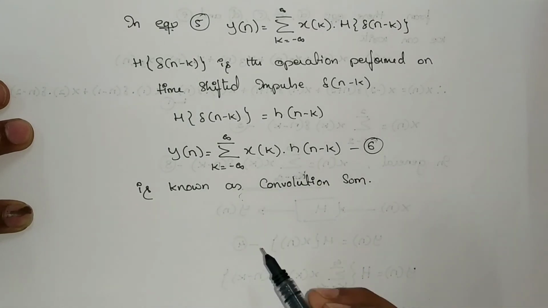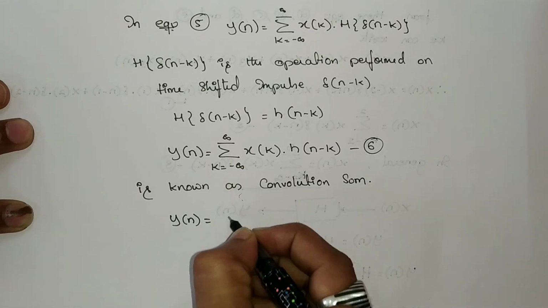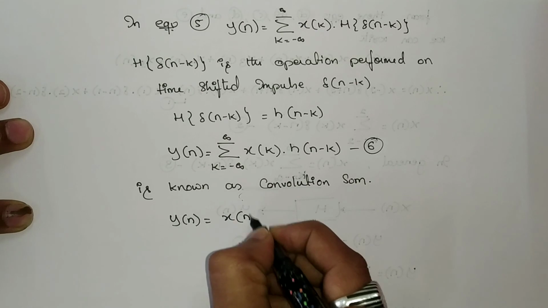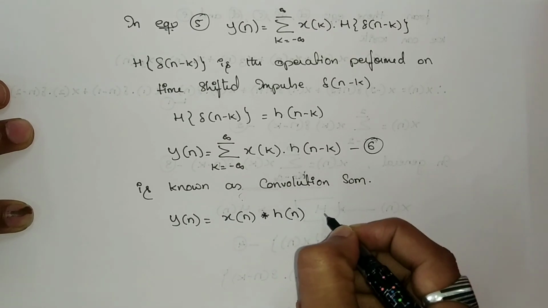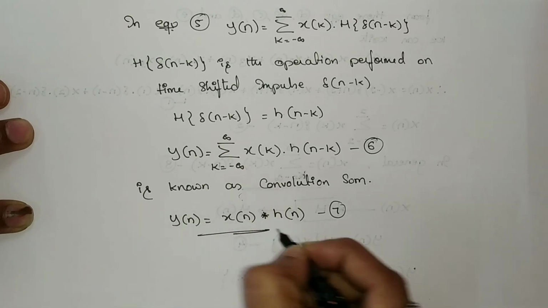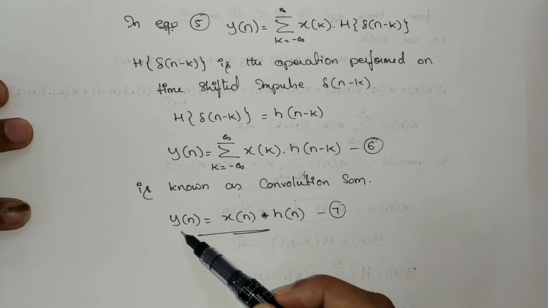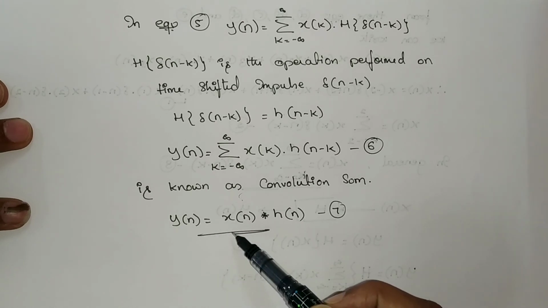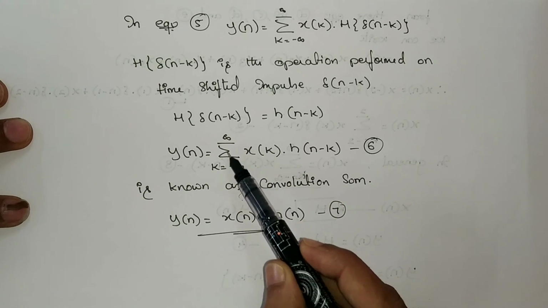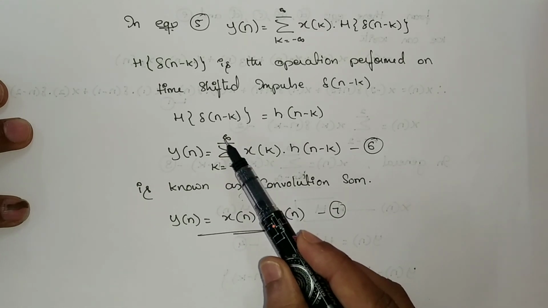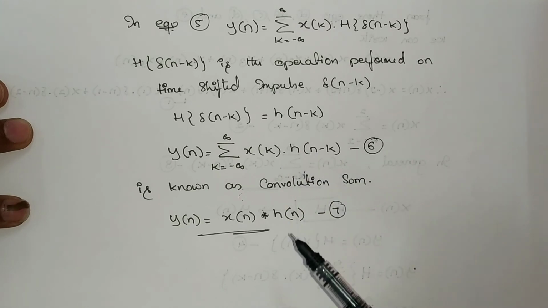In general, this can be written as y of n is equal to x of n convolution h of n. That is equation number 7. Which means summation of k is equal to minus infinity to plus infinity x of k into h of n minus k.